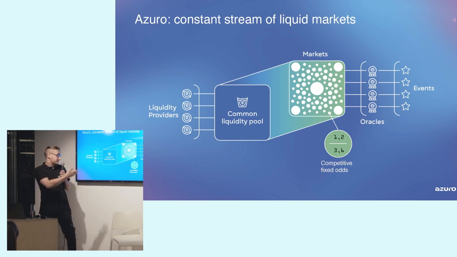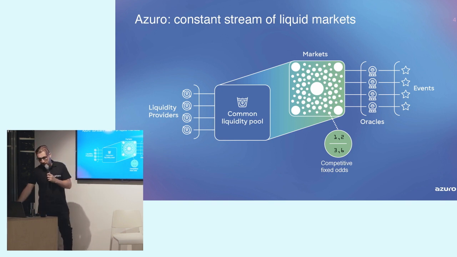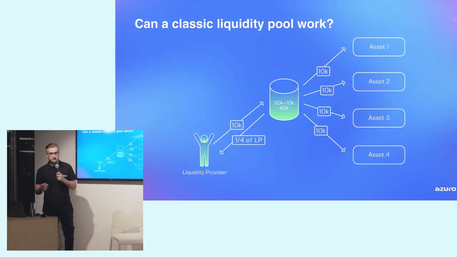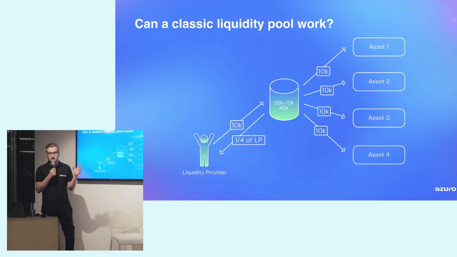But it sounds pretty easy, right? A liquidity pool. But in our case, the liquidity pool's profit is connected with real-life events, so we cannot use just a classic liquidity pool model. To explain why, let me remind you how a classic liquidity pool works.